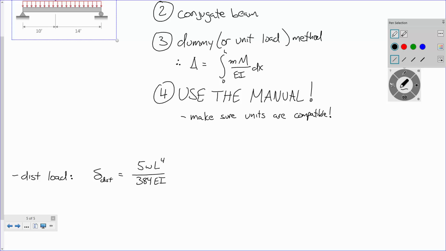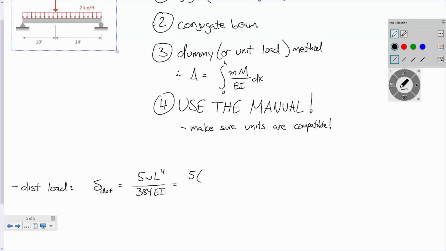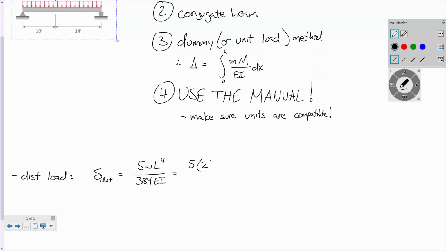Right? So let's just plug and chug. Let's just see what we get, okay? What's the distributed load? 2 kips per foot, is it? Yeah. Beam, how long is the beam? 24 feet? E is 4,000 KSI, and I is 1,000 inches to the fourth.